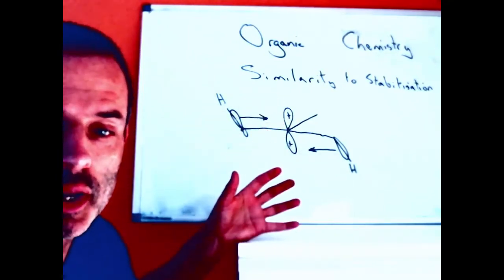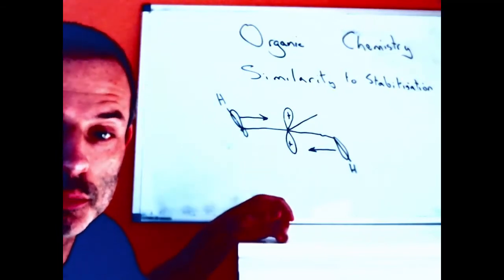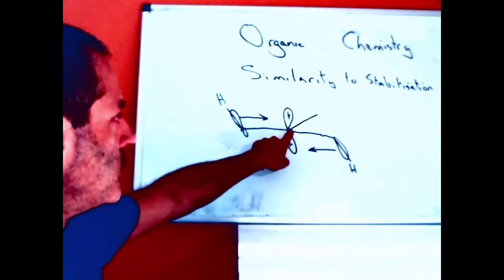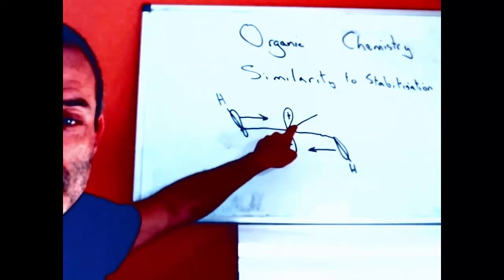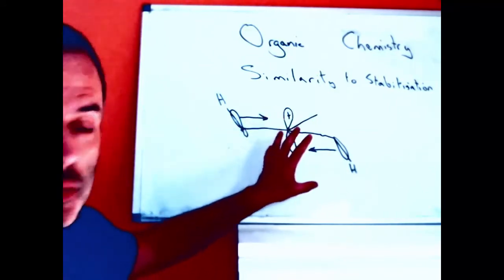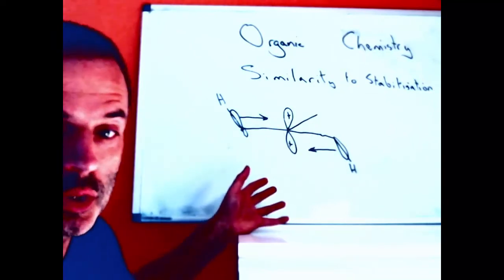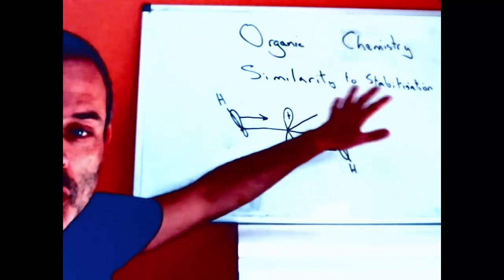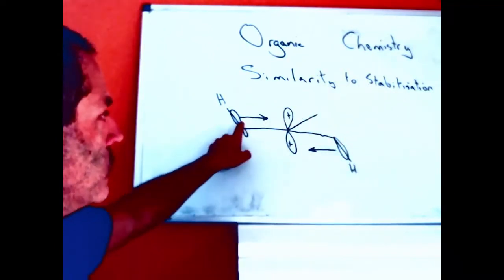Which means that if we have a tertiary butyl group, for example, with the tertiary carbon in the center, these are much more stable than a secondary or a primary carbon, because the positive charge is delocalized, is spread around more of the molecule.